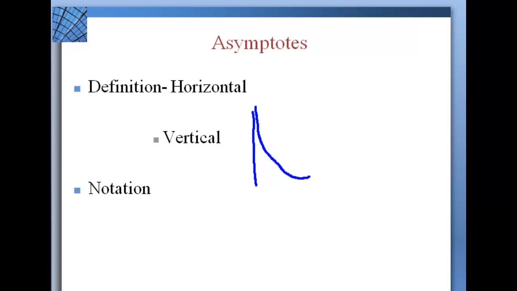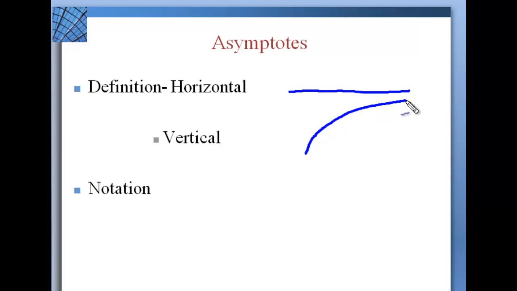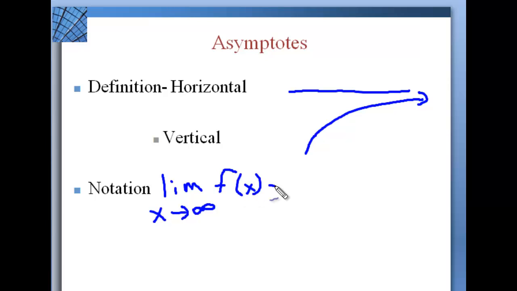The way we write this for our horizontal asymptotes, when we have a line getting closer and closer, we have the limit as x approaches infinity of this particular function equals, let's say this line is 3, that's our limit.